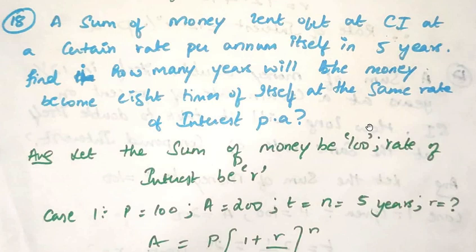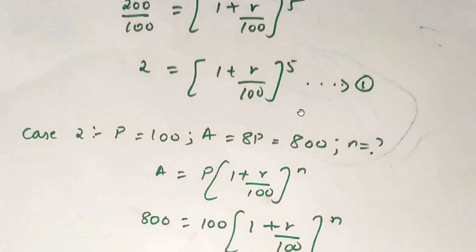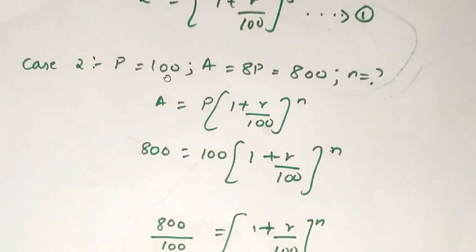So your case 2 tells, how many years will the money become 8 times of itself? So 8 times of itself, principal is equal to 100, amount is equal to 8P, which is equal to 800.